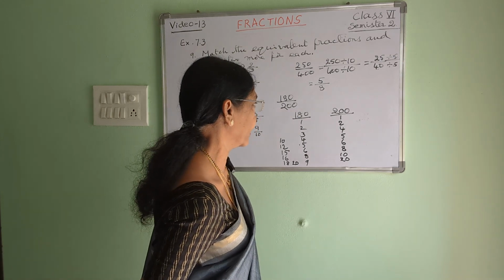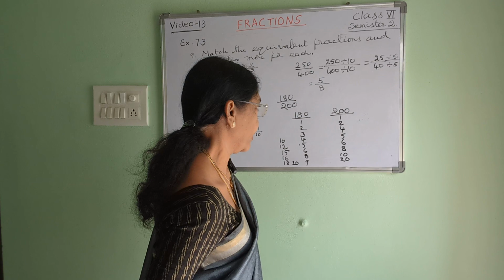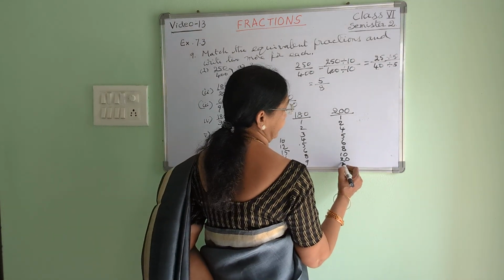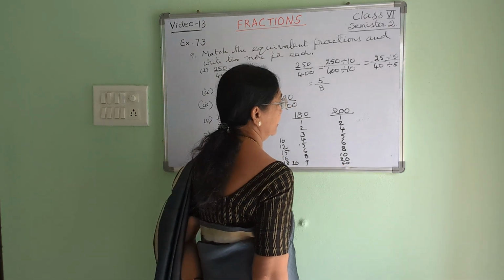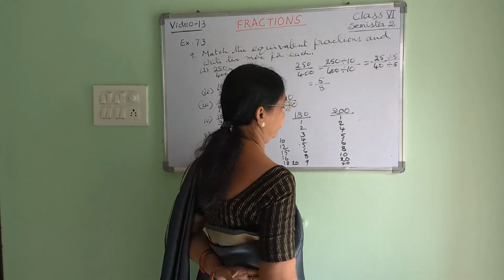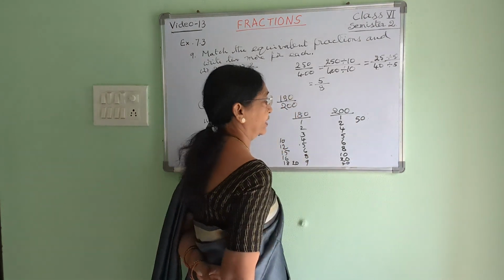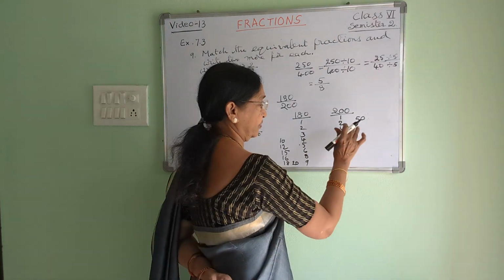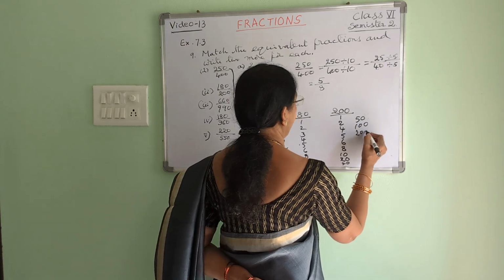Still there are more factors. Next 40 is a factor. Next 50 is a factor. 100 is a factor. 200 is a factor.